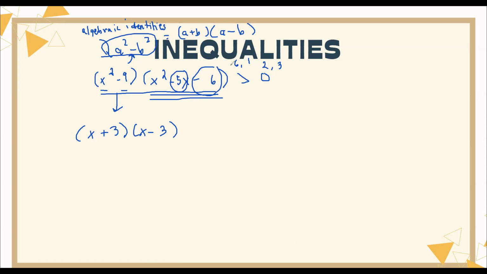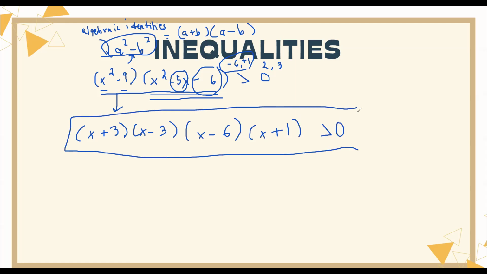So 6 and 1 para negative 6 saka positive 1. Okay? Pero pag in-add mo siya, negative 5 pa rin siya. So our factors for the second half are x minus 6 and x plus 1 is greater than 0. So this is the full factorization of our inequality. Okay? So, yun na siya pretty much actually.